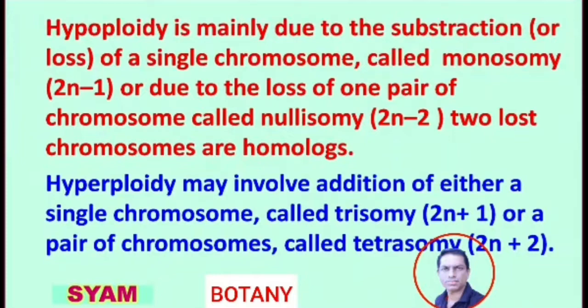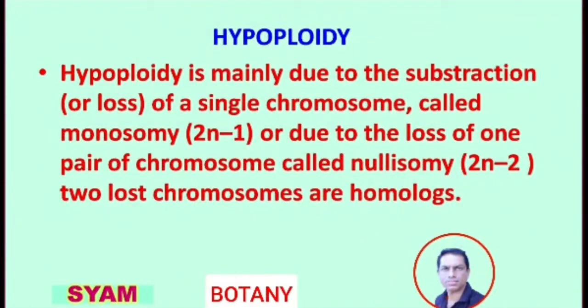Hyperploidy may involve the addition of either a single chromosome, called trisomy, 2n+1, or a pair of chromosomes, called tetrasomy, 2n+2. So let us discuss briefly one after another.